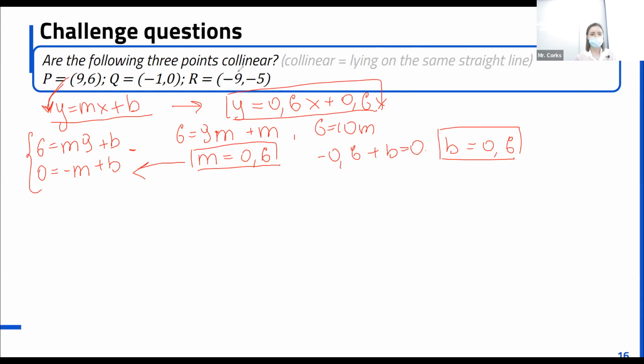Then simply to check the third point, we need to input these values in this equation and check is it equal or not. So minus 5 equals 0.6 multiplied by minus 9 plus 0.6. So here minus 5 equals minus 5.4 plus 0.6.